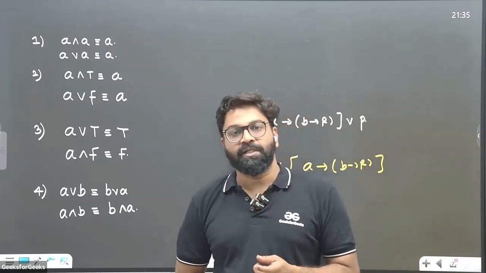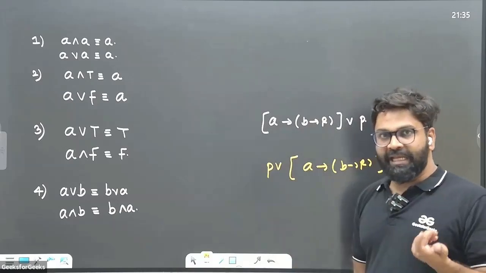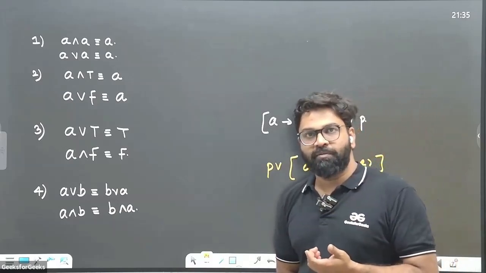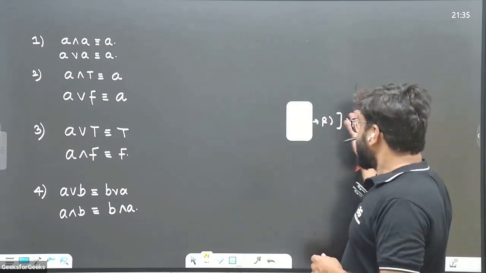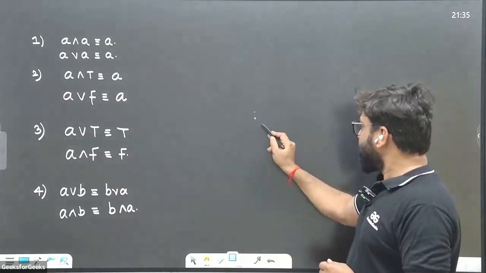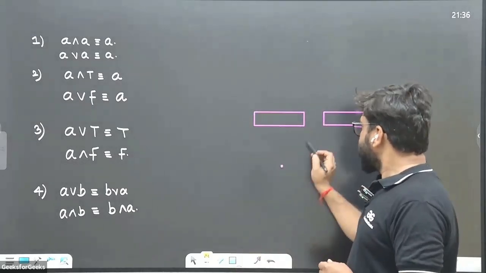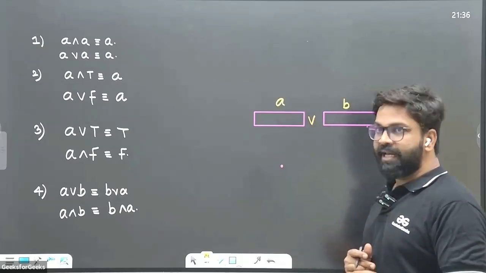This B also you can consider as a compound propositional statement. Do not think that A is your simple propositional statement. Do not think that B is your simple propositional statement. You try to think of A as a compound propositional statement. Or in another way, your A will look like this, and your B will look like this. So here, this is your A, and this is your B. You try to consider it like this.